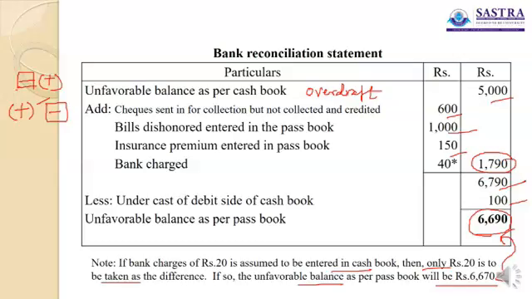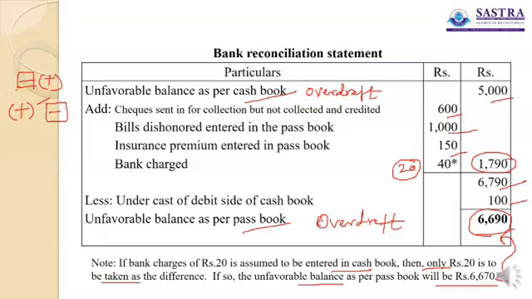If it was not entered in the cash book once, 20 rupees instead of 40 would have been taken. So this is what I wanted to say in this question particularly, that taking the symbolization in a reversal manner. This is also overdraft, the unfavorable balance as per the passbook, what we have taken, the cash book.